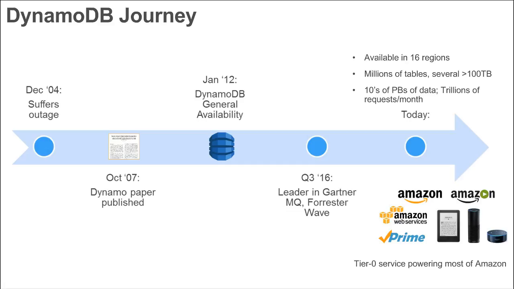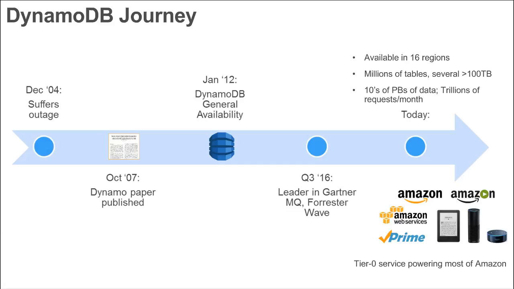So from that investigation came the Dynamo paper, which was a seminal work in terms of looking into the core ingredients of what makes a database, in terms of reliability, performance, and scale, and so forth. From that paper came many of the NoSQL vendors that you might be familiar with today in the market.